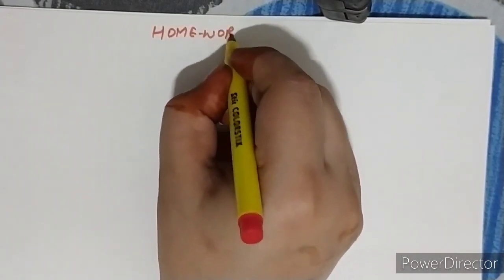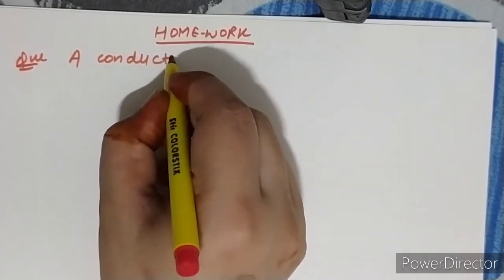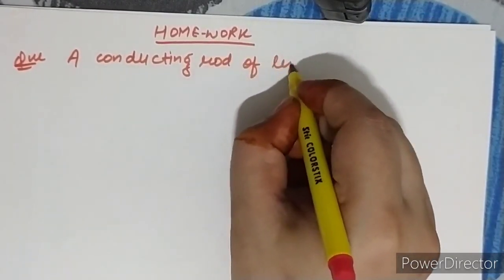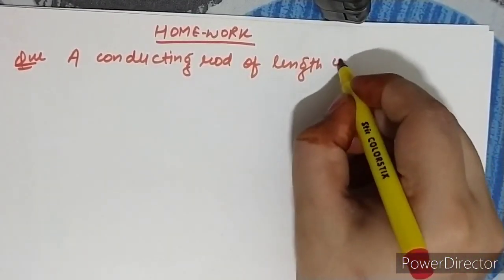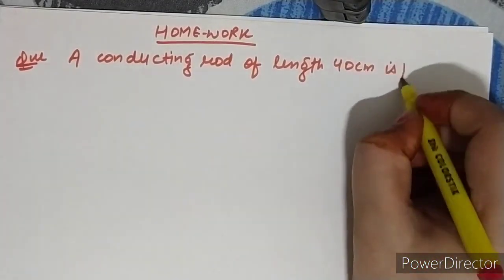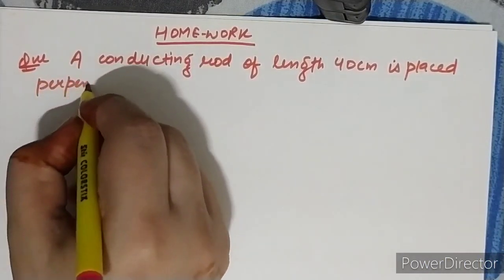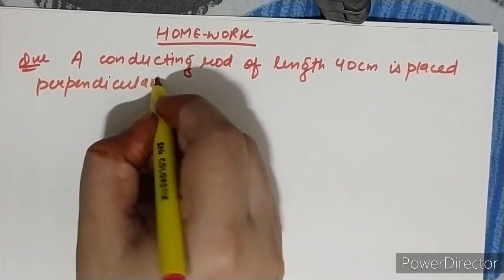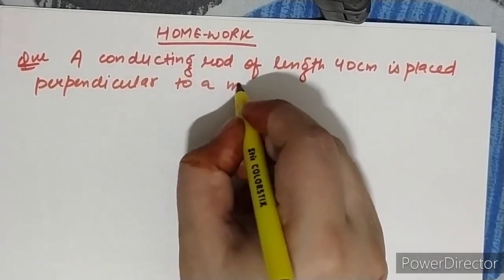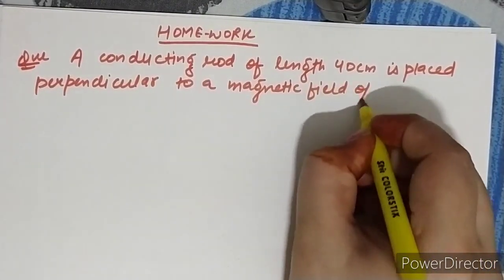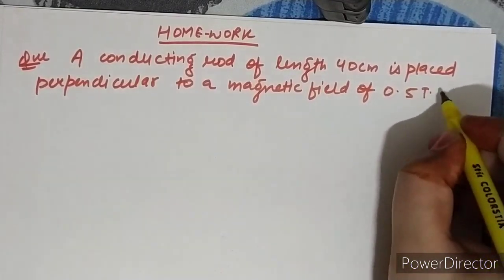So your today's homework is: a conducting rod of length 40 centimeter is placed perpendicular to a magnetic field of 0.5 Tesla.